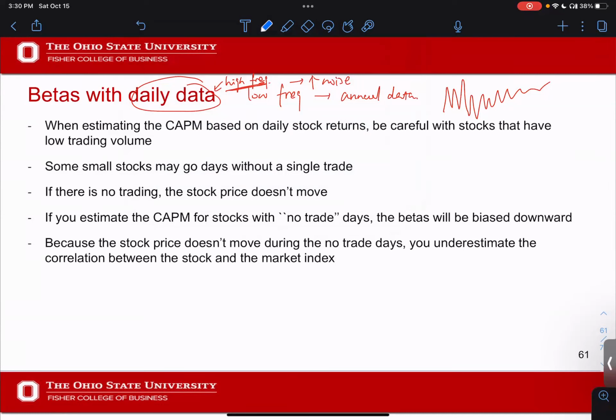So your return might look like this, okay? So the higher the frequency, the noisier it is, and the more volatile it is most of the time. And the lower frequency means you cancel out some movements in the middle. Usually the return and the price are much smoother and have less noise.